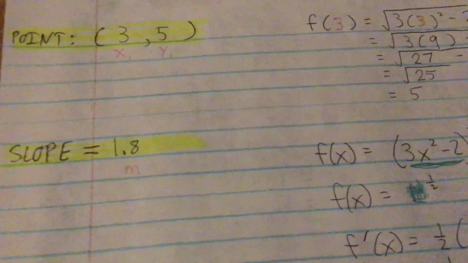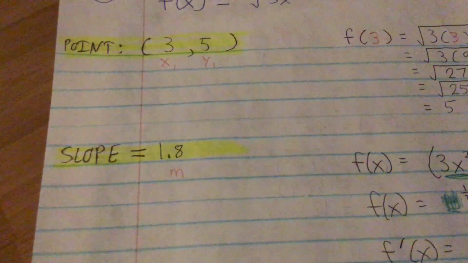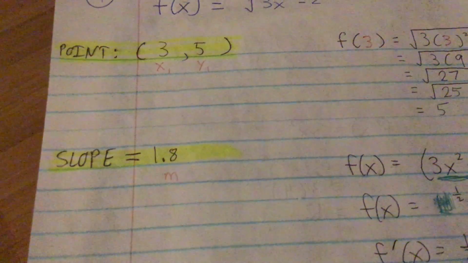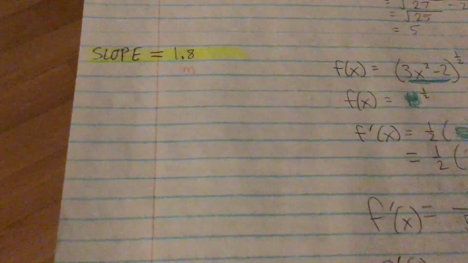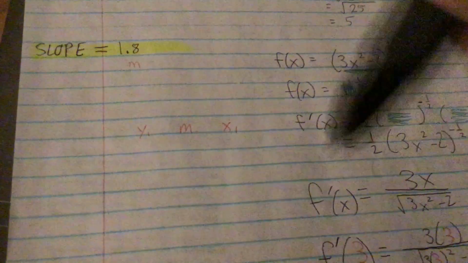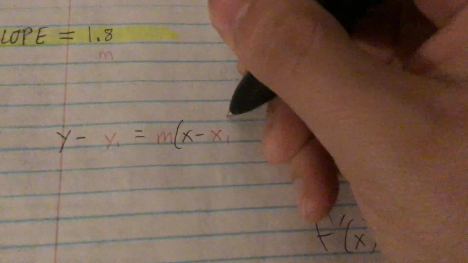Now, I might need to use a calculator, but still, if I have a point 3, 5 and a slope of 1.8, well, let's go into point slope into slope intercept. So we've got y minus y1 is equal to m times x minus x1.